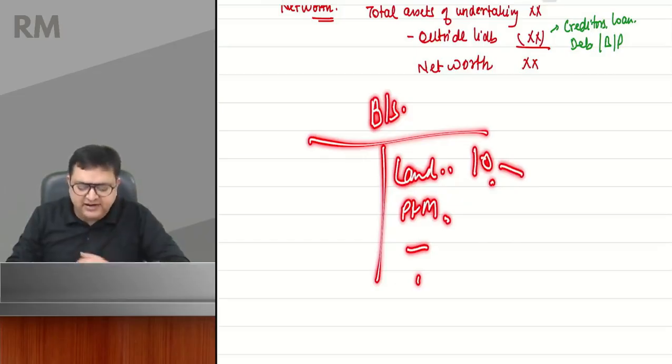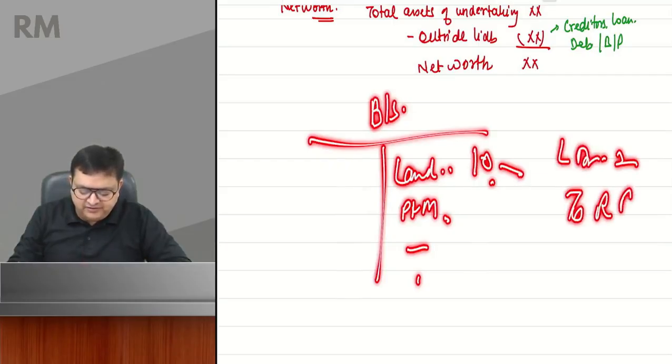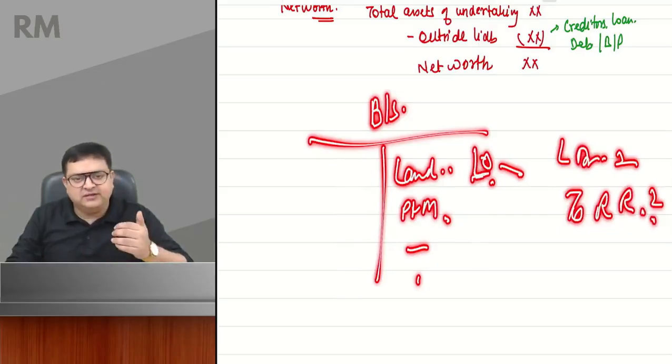I'll pass an entry. Let's say I'm increasing from 10 to 12. 2 lakh I'm increasing. So I'll pass an entry, land debit 2 lakh to revaluation reserve 2 lakh. So originally it was 10, but it will increase by 2 lakh. So when I'm computing, my net worth will come 2 lakh rupees extra. And if it is 2 lakh rupees extra, my cost is increased. My profit will come down.